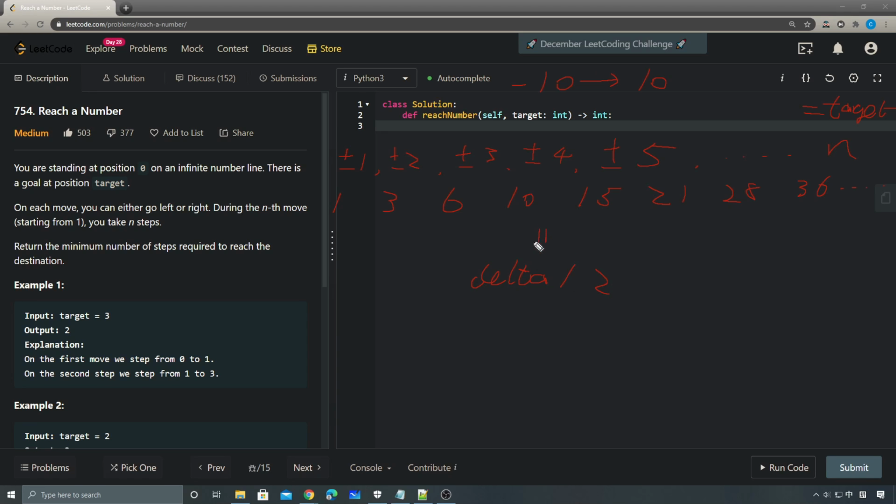In this case, delta is 4, so 4 divided by 2 is 2. That means we can find one number or a subset of the previous numbers to flip to negative to get the delta. In this case, we just need to flip the number 2 from plus 2 to minus 2, so that we get the delta of 4.